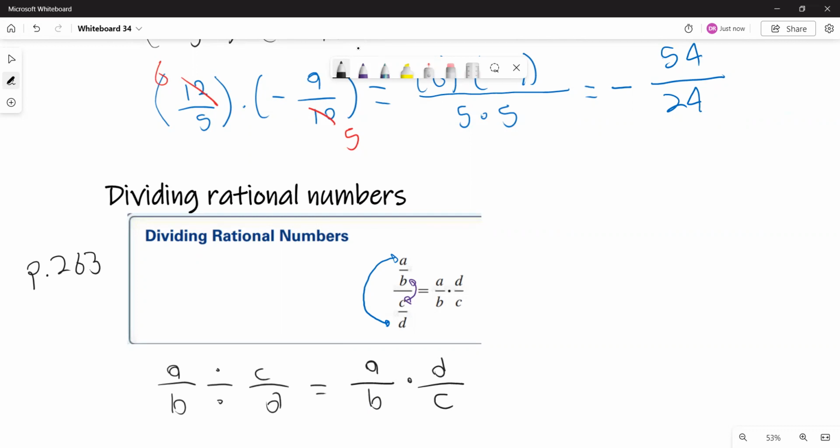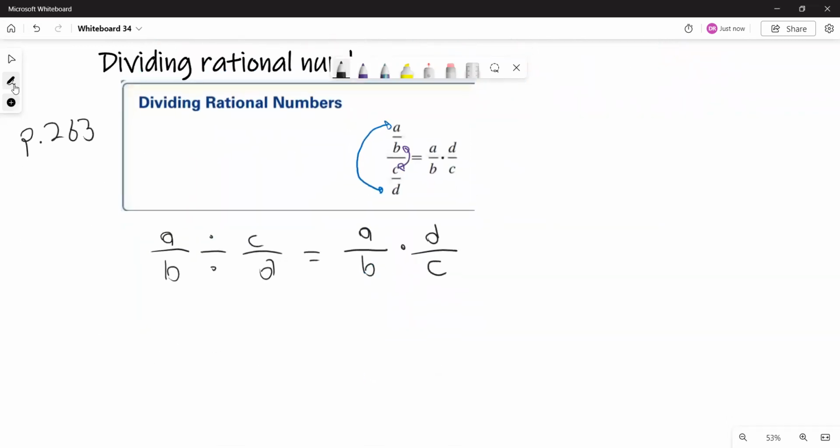So the last two examples are going to be divisions. We are going to perform the following divisions.